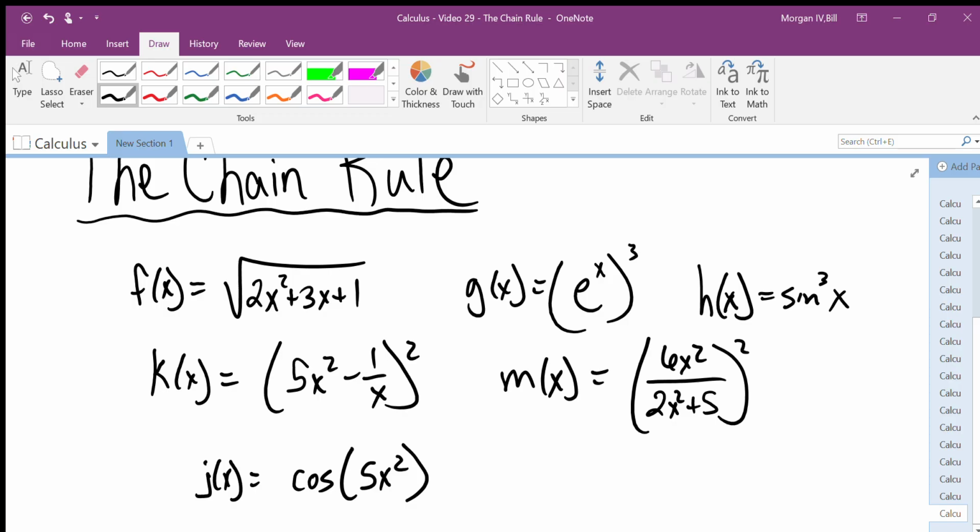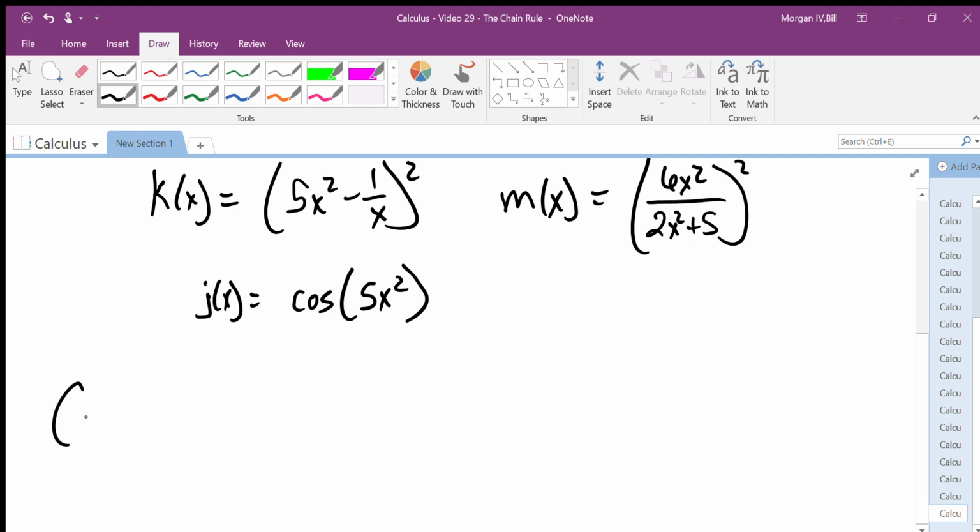So what do these functions have in common? What is it that's unique about these functions that the ones prior did not have? These functions are examples of what we call composition of functions, a function inside of another function. Right? Back in algebra, we had composition of functions.